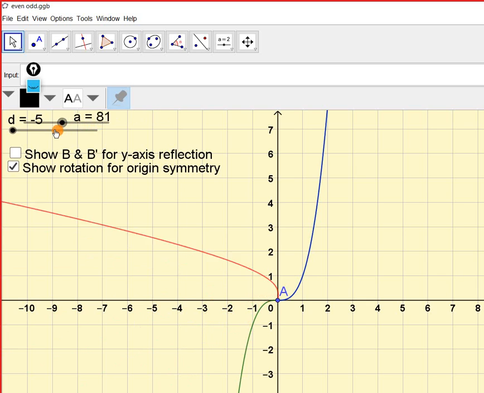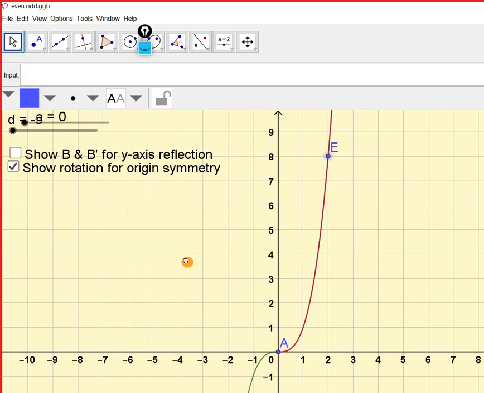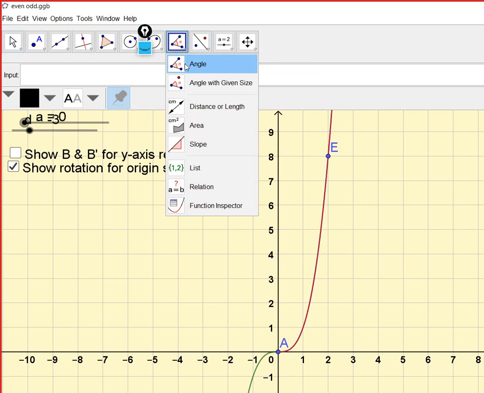So the idea is if I look at the point (2, 8), which is point E, and I start to rotate this thing, I need to rotate E as well.